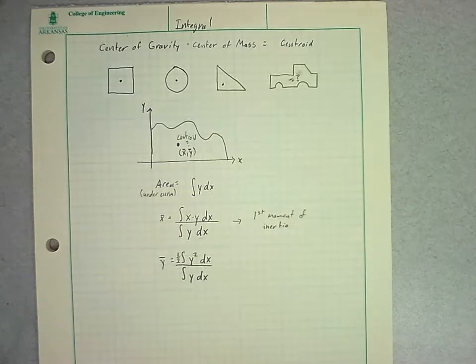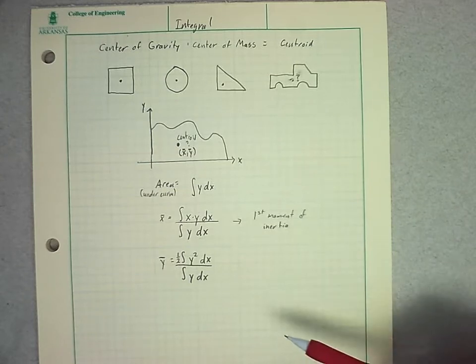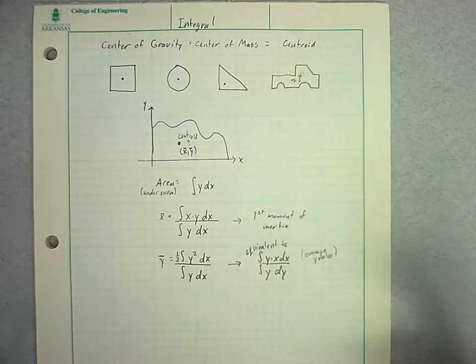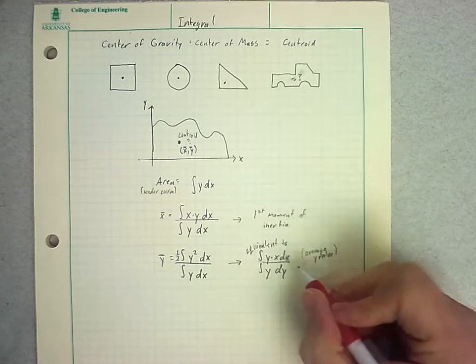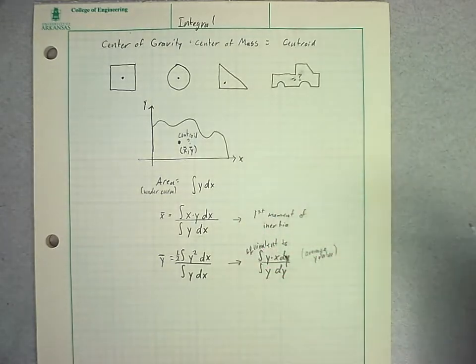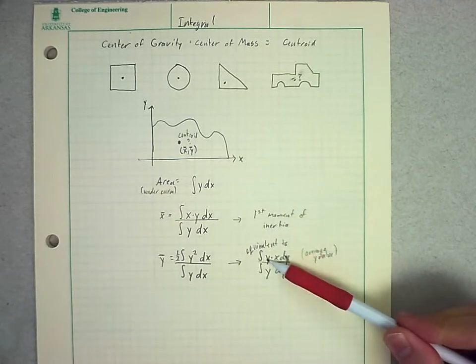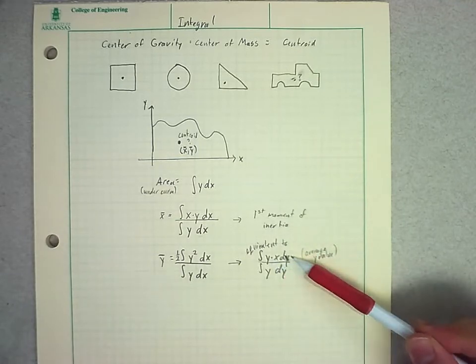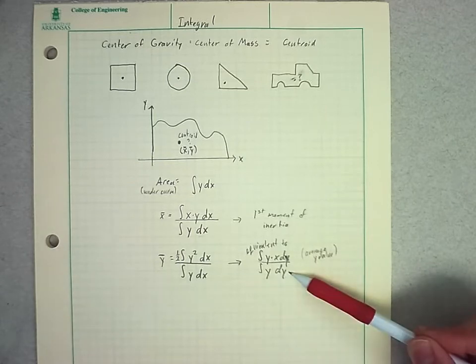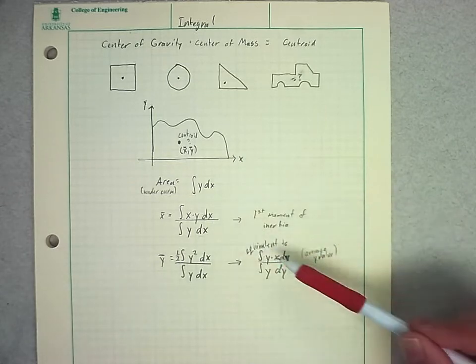Another thing to look at is, what if I turn the axis and looked at it the other way? This would be an equivalent equation. So another way I could look at this is in terms of integrating with respect to y. If I just flip things sideways, and I multiplied x times y and integrated with respect to y and divided it by y integrated with respect to y, it would give me the same thing mathematically.